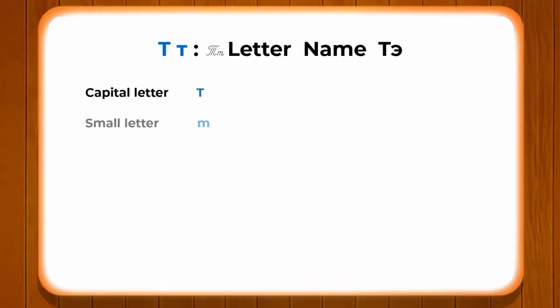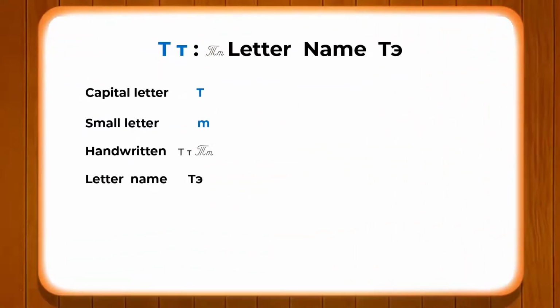Alright, now the next letter is Te. Here you please pay attention to how the letter Te is written in capital and small, and in Russian we also have the printing style and written style. We will be discussing that in the next modules, and right now we will be discussing the sound of these particular letters.